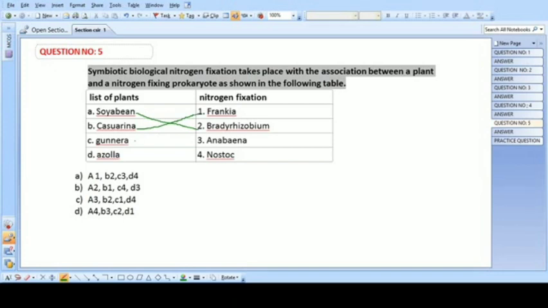Gunnera has association with Nostoc and Azolla has association with Anabaena. This would be the answer. You have to learn this kind of thing by heart, and our answer is A2, B1, C4 and D3. The answer is option B.